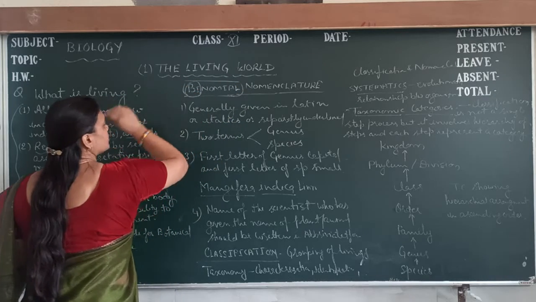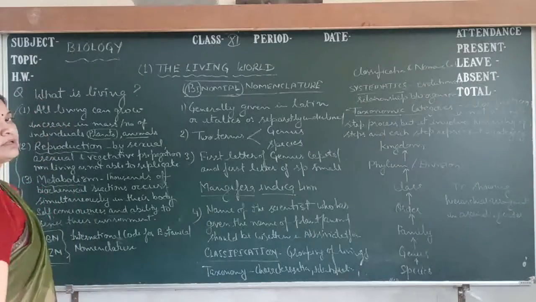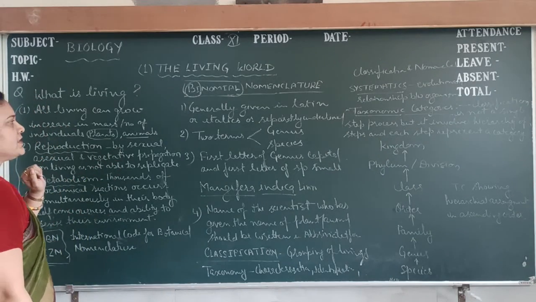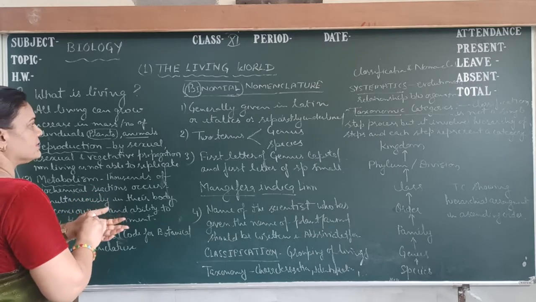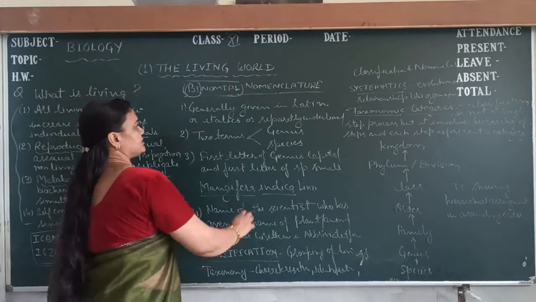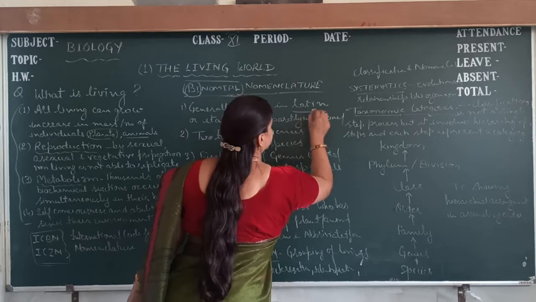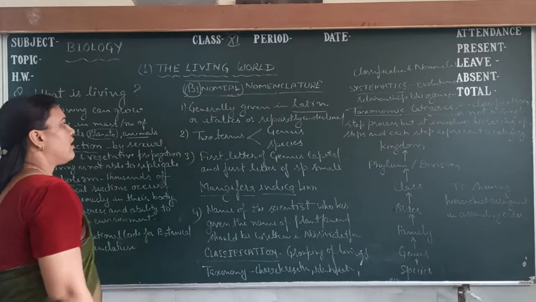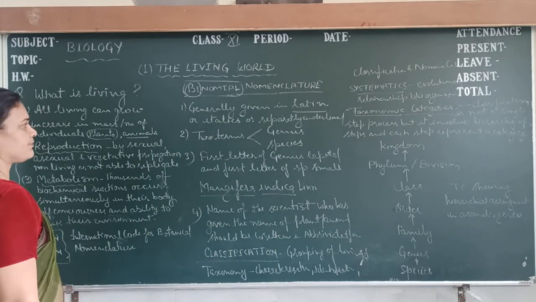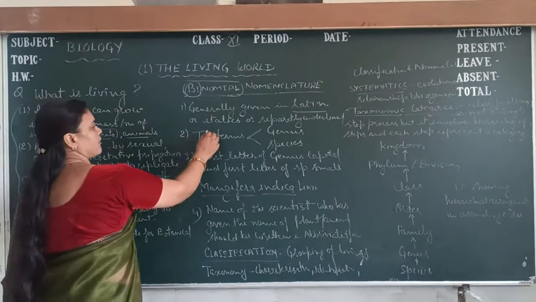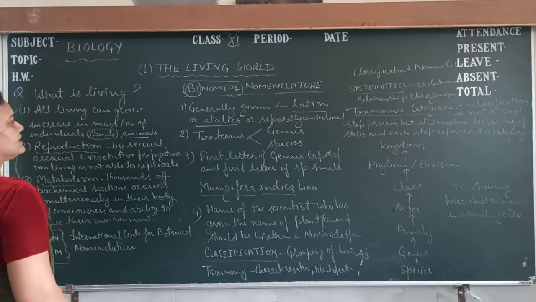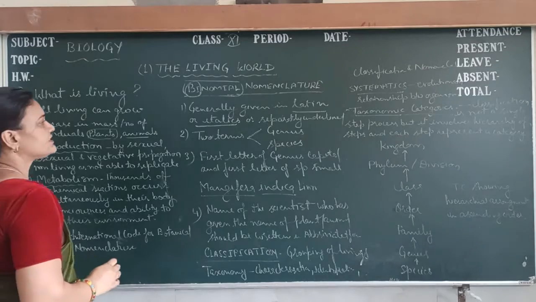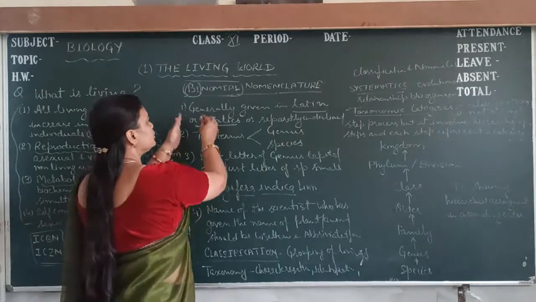Bi means 2, so 2 terms are involved in this type of nomenclature. Generally, the names of plants and animals are given in Latin, not in English. They are written in italics. If italics cannot be written, then separately underline the 2 terms.